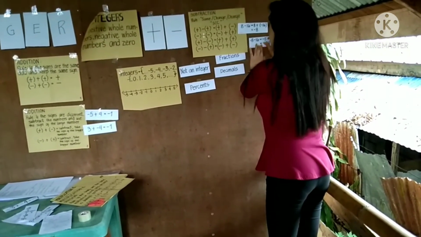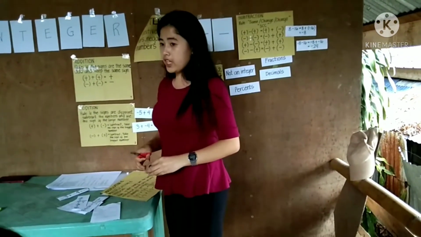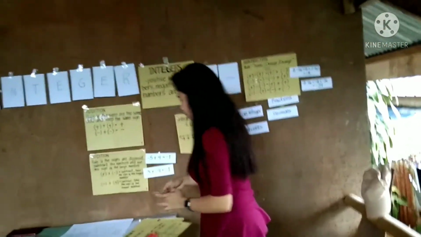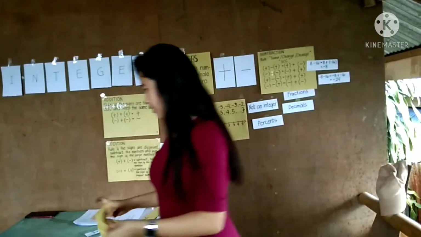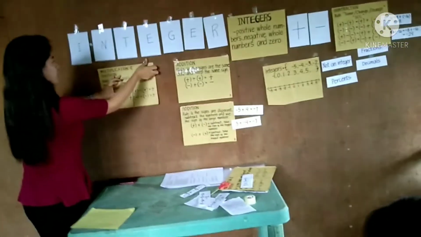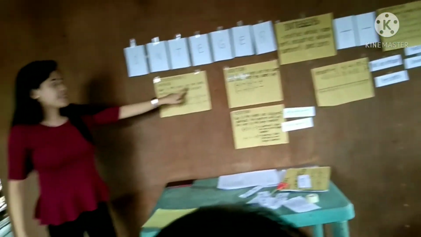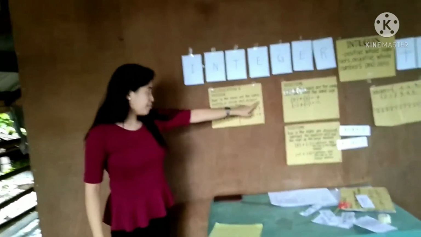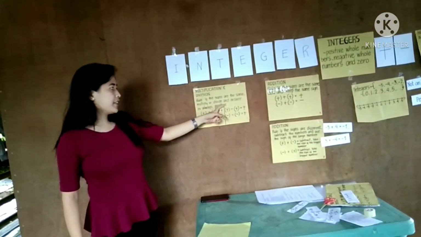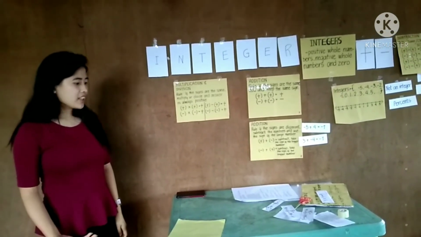So, simple ra kayo sa subtraction. Let's now proceed to multiplication and division. So, sa multiplication and division, if the signs are the same, you multiply or divide, and the answer is always positive. You get it?